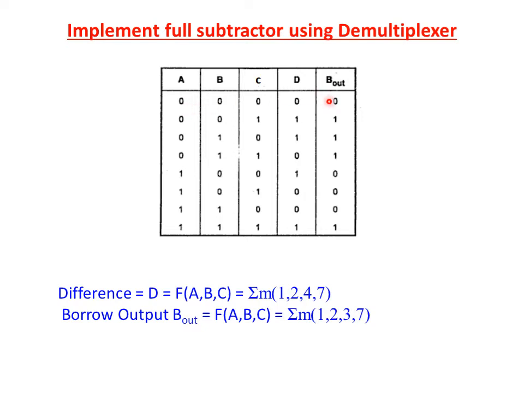For the first combination 0, 0, 0, the difference is 0, borrow is 0. 0, 0, 1, difference 1, borrow 1. 0, 1, 0, difference 1, borrow 1. 0, 1, 1, difference 0, borrow 1. 1, 0, 0, difference 1, borrow 0. 1, 0, 1, difference 0, borrow 0. 1, 1, 0, difference 0, borrow 0. 1, 1, 1, difference 1, borrow 1. From this we get the SOP terms: for difference it is 1, 2, 4, 7 and for borrow it is 1, 2, 3, 7.